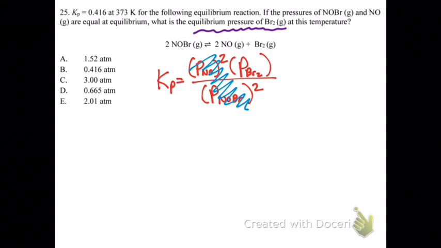These cancel out. If they're the same value, they're going to cancel out, which means that in this situation, Kp is equal to the pressure of bromine. So this makes our job pretty easy, because we're given Kp, which is 0.416. That is our answer. And we're done.